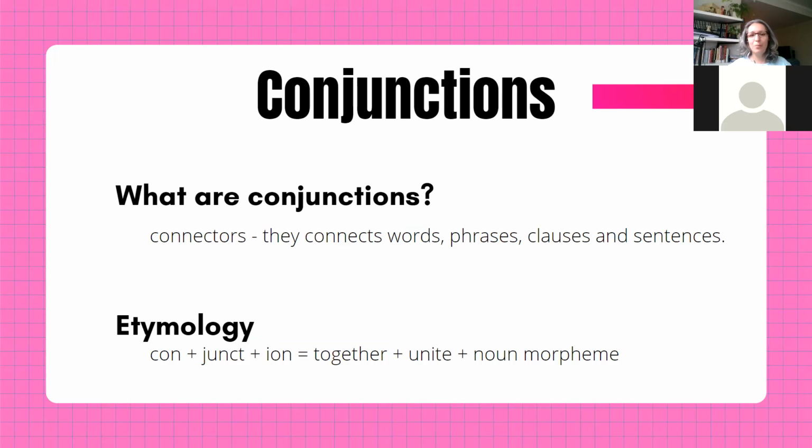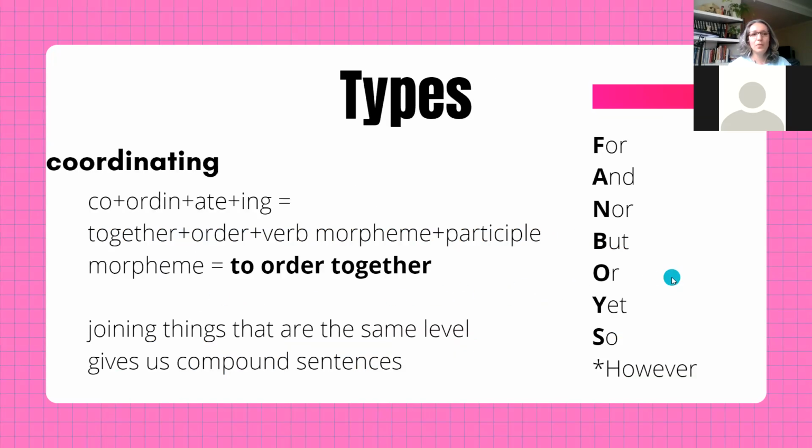I remember that I spoke to you in a previous session about where that comes from. So basically conjunction, and the ion bit is the morpheme that turns a verb or something else into a noun. So here we have to unite together, to put together, to bring together, to join. So that's their job. That's what they do.